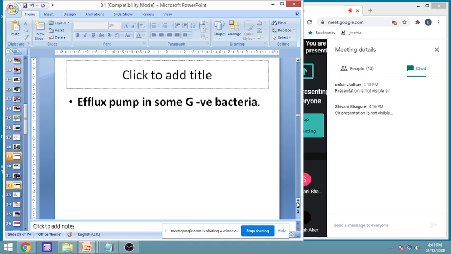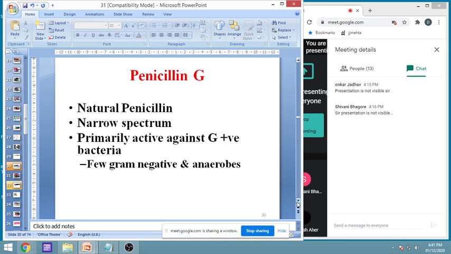Efflux pump means as soon as penicillin is taken up by the cell or near the cell, before it does any metabolism, it is thrown out of the cell. The pumps are made that selectively throw penicillin out of the cell. Just like the active transport mechanism, the sodium potassium pump you have seen, like that, these pumps will be throwing out this penicillin.